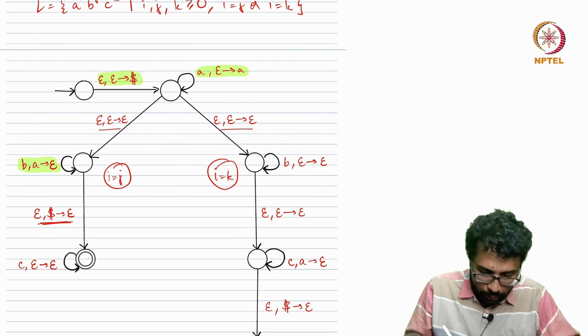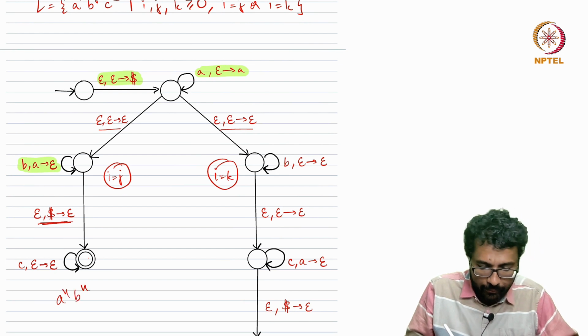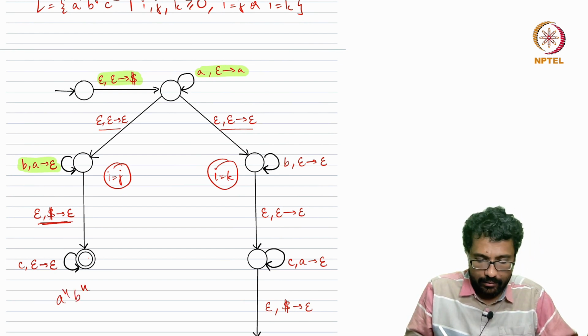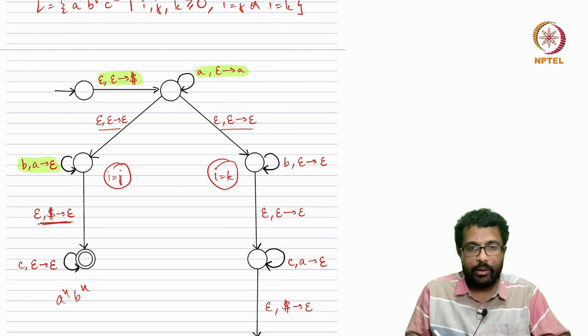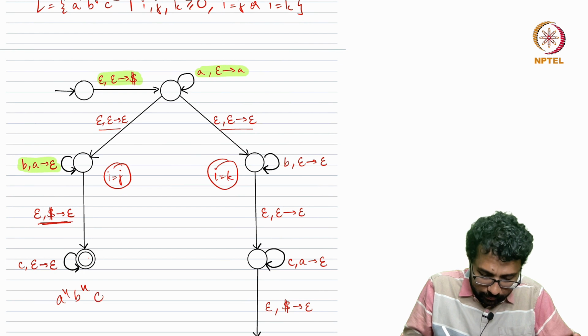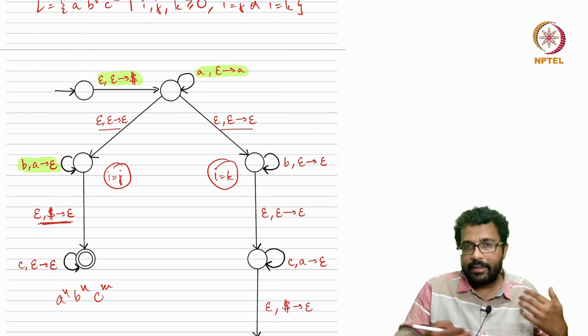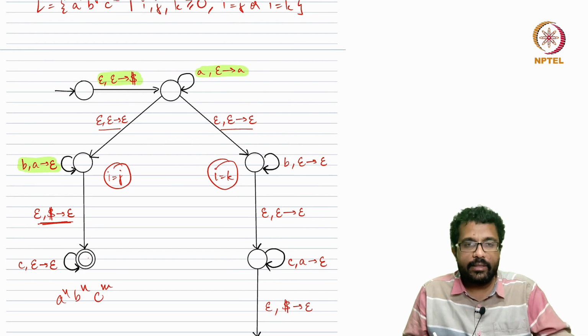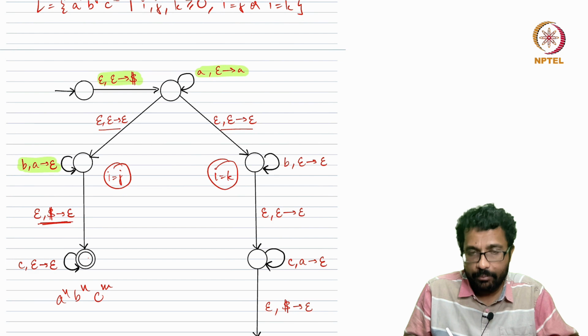So you will also accept, let's say, a power n, b power n, even if there are no c's, that's okay. But once the number of b's and a's are equal, now you can accept any number of c's as long as we only see c's. If we see a b here, we will not accept, because there is no transition available for a b.